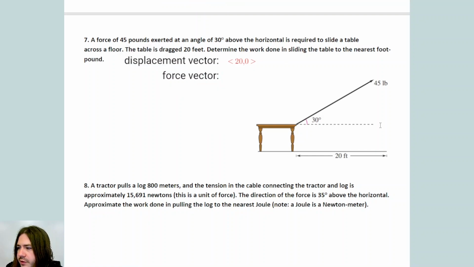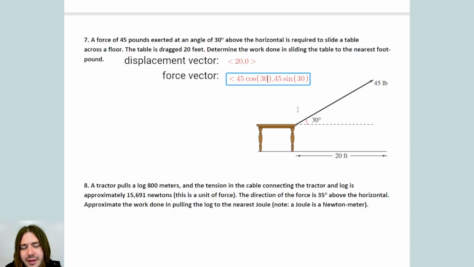To find the horizontal and vertical components of this, something we did in the previous lesson, we multiply the magnitude, which is 45, by cosine and by sine of the direction angle. So the horizontal component would be 45 times the cosine of 30, and the vertical component would be 45 times the sine of 30.